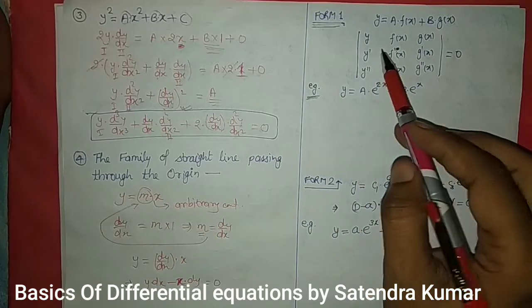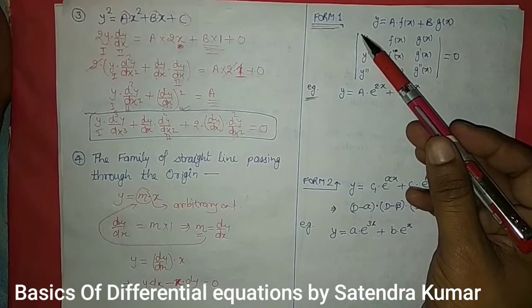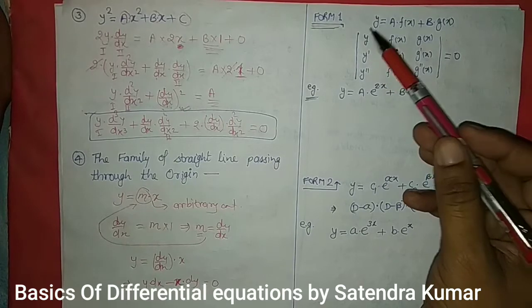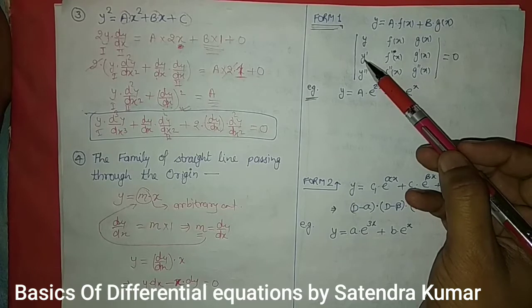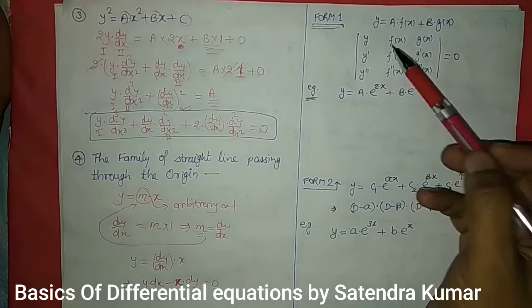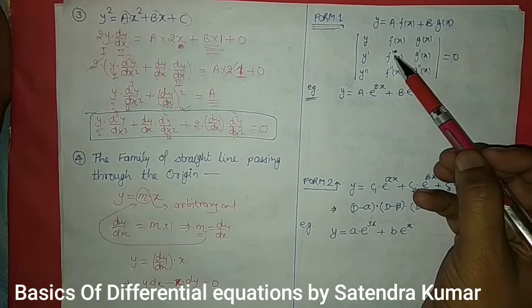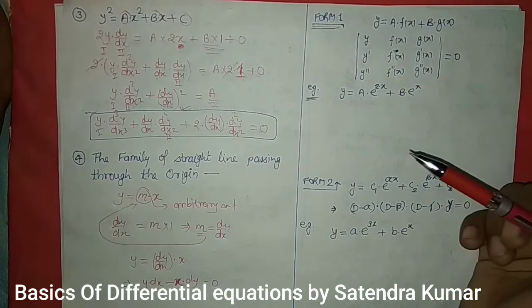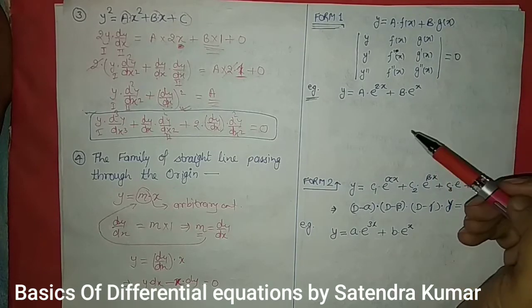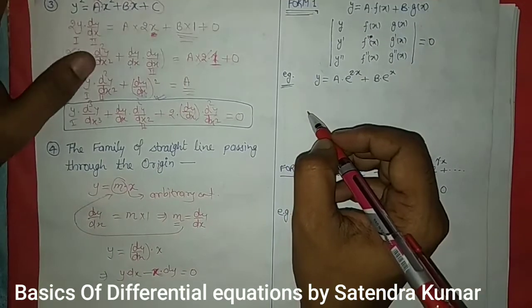The first column is filled by y, the dependent variable, then its derivative, then its double derivative. Similarly, the first function and its derivative and double derivative, like that, and equate it to 0 and solve this.